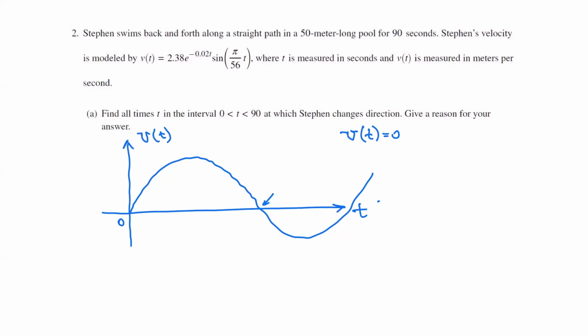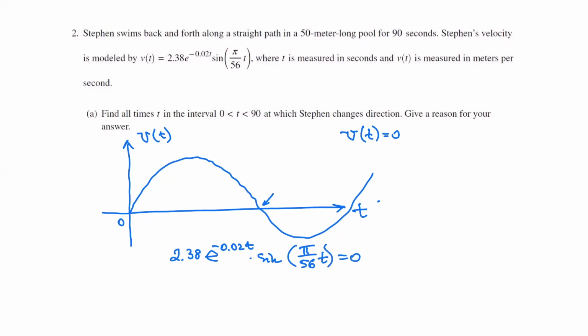And this means that 2.38 times e to the negative 0.02 t times sine of pi over 56 t is equal to 0.